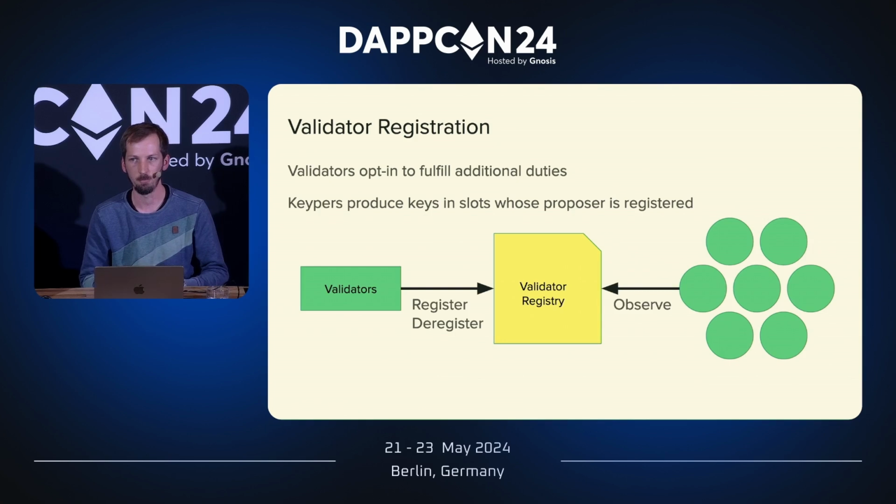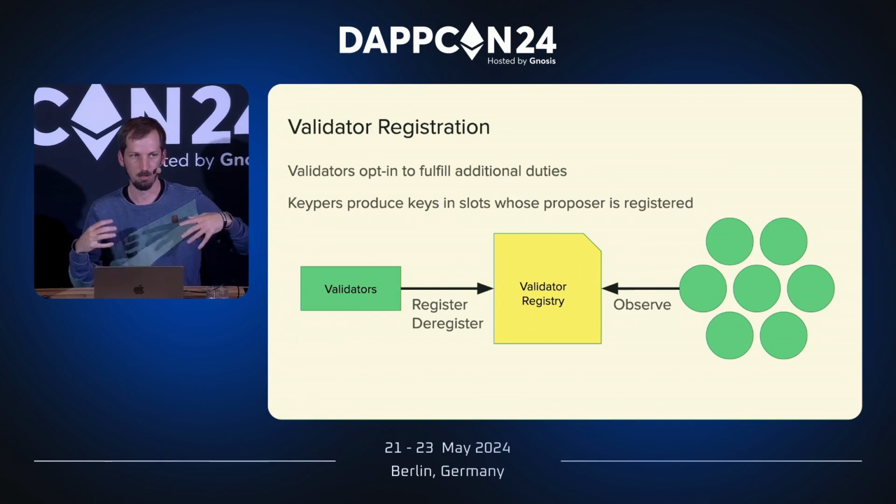Validators opt in to these additional duties, namely decrypting and including transactions, by registering. They sign a message, I want to participate, and send this message to the validator registry contract. If they decide they don't want to participate anymore, they can also send a message to this contract to deregister.